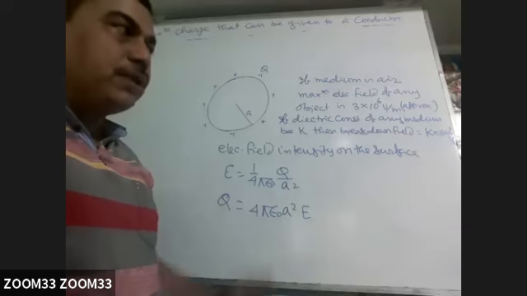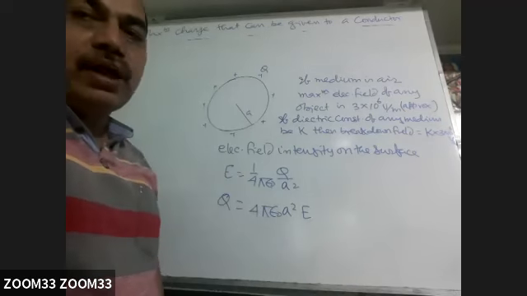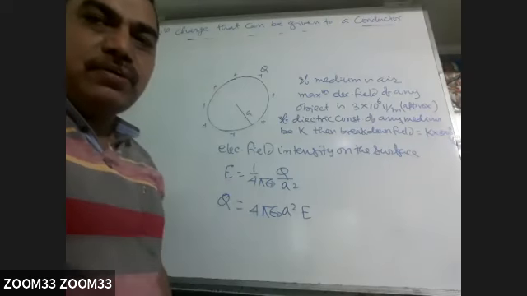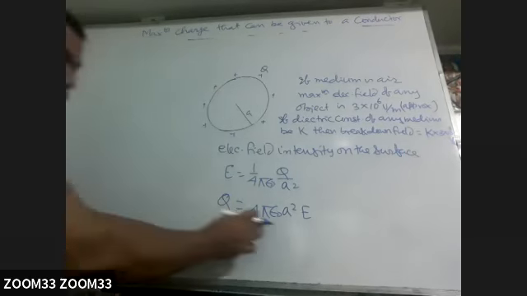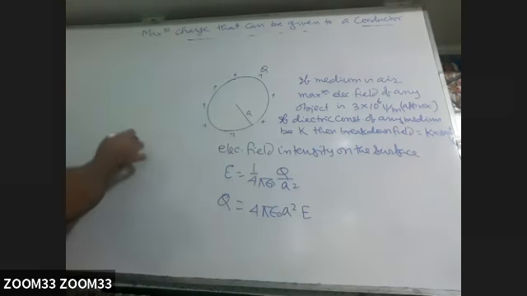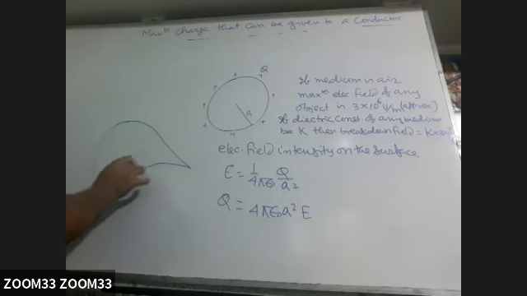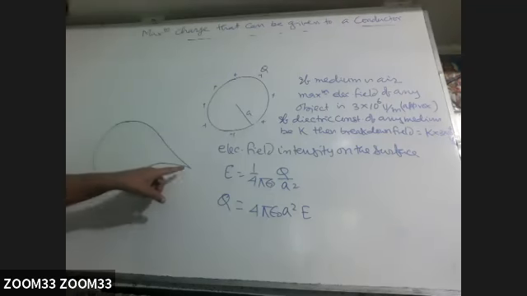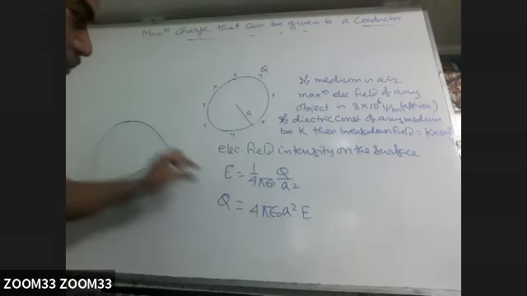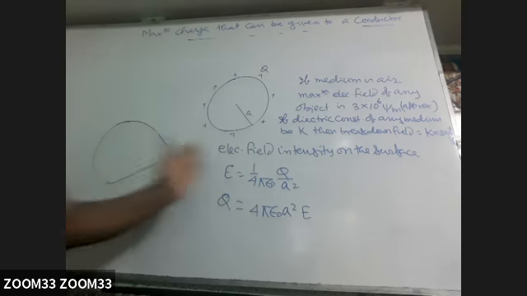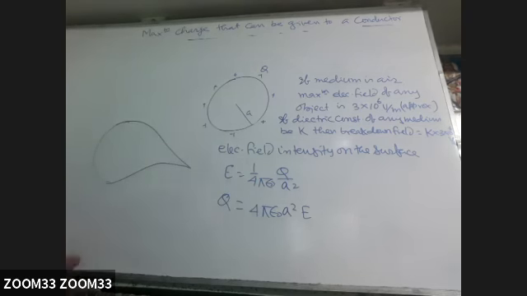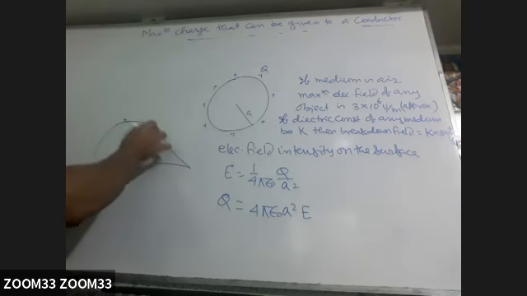That is, the charge will start leaking, and that is the basic principle of the lightning conductor. When the surface is pointed, suppose the shape of the object is like this and you give the same charge, what will happen? Here the radius of curvature is very small, so by giving the same amount of charge here, the electric field intensity will increase.